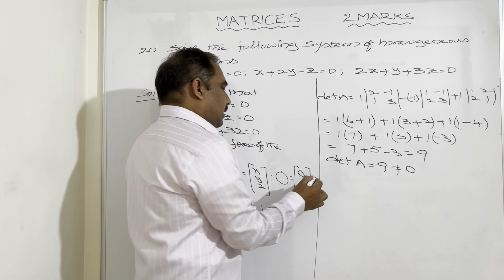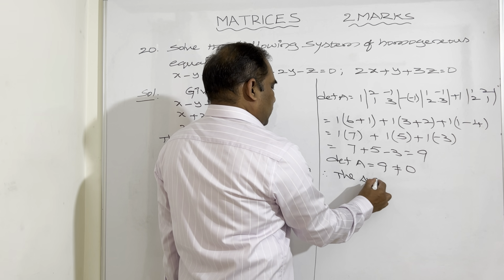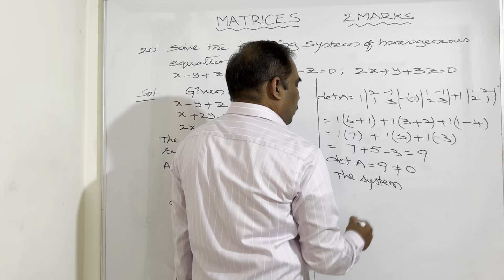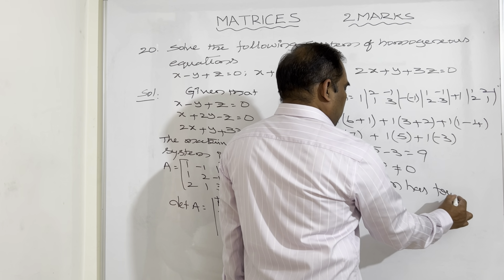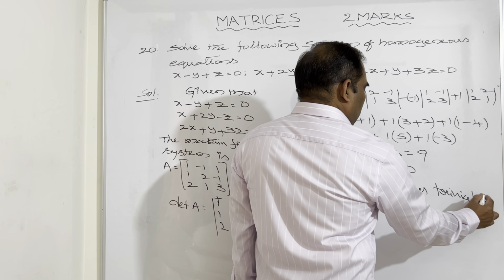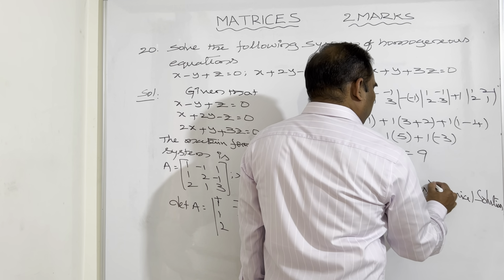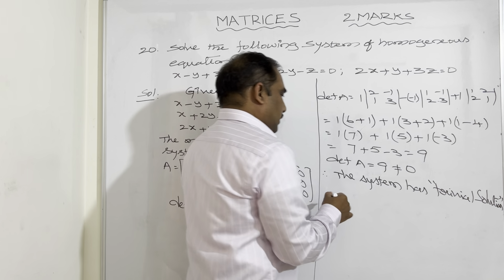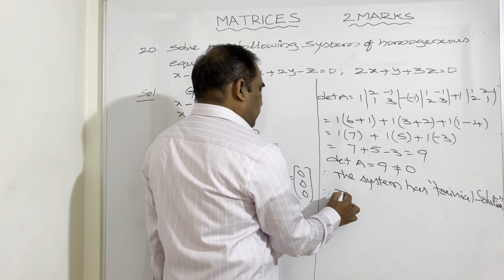That's why we can say that the given homogeneous system has only the trivial solution. If the determinant is not equal to 0, the system has the trivial solution. What is the solution of the system?